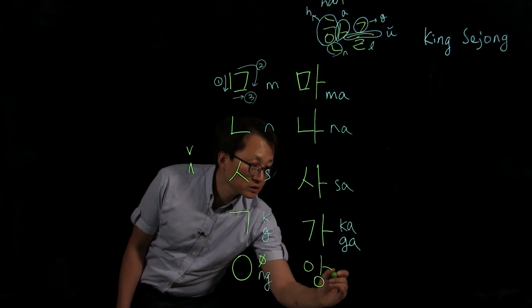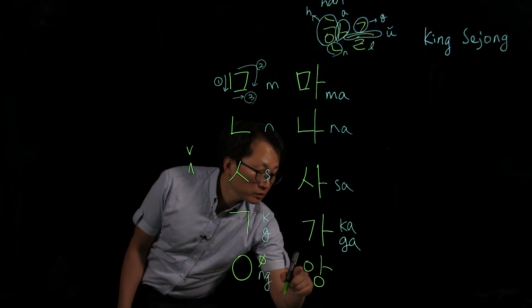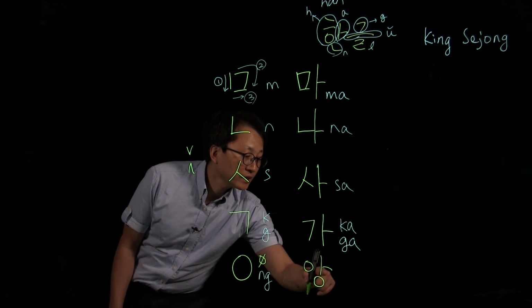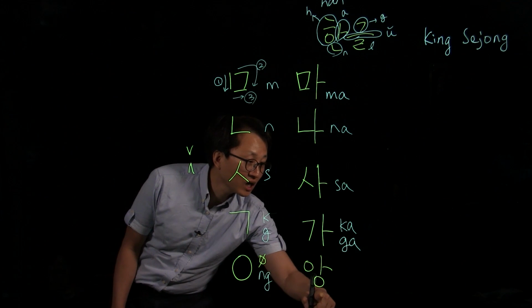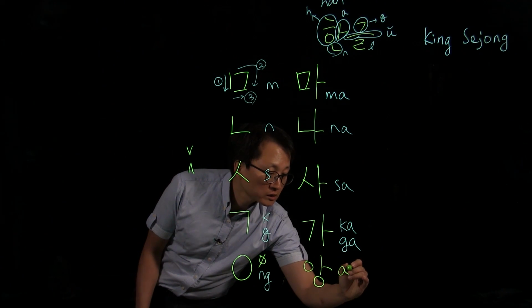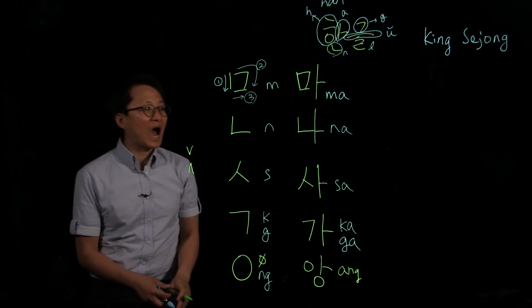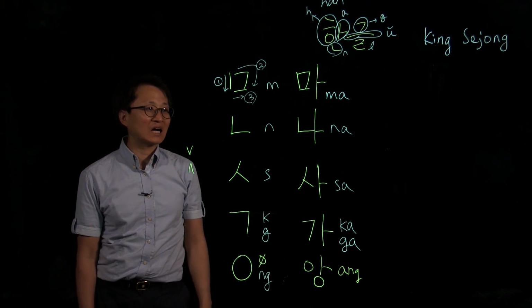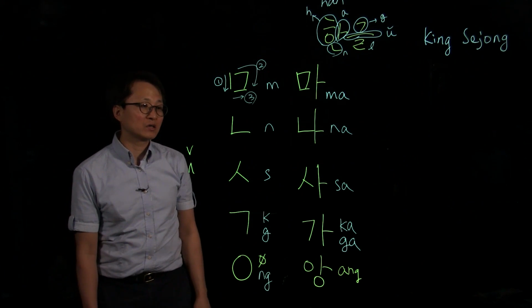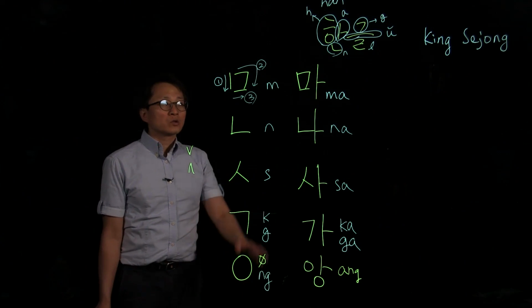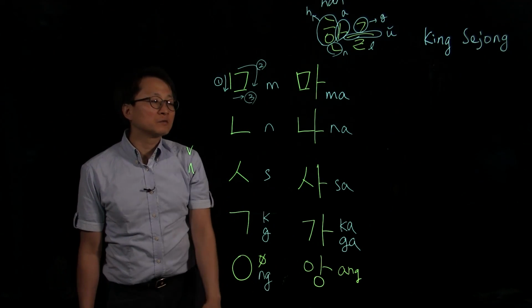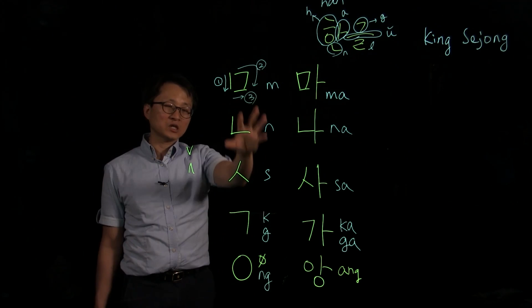So no value and ah, and its sound value is ang, ang, ang. Okay? So they are the most basic consonants.